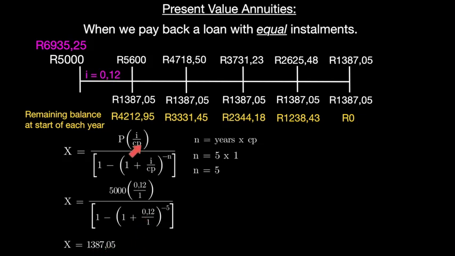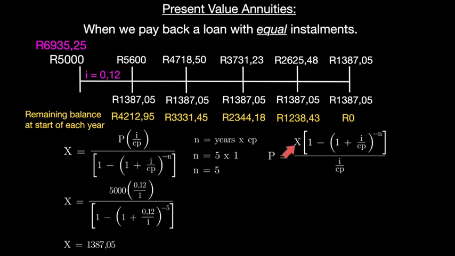Now, if we want to calculate the purchase price, we can simply rewrite this formula into P, which is our present value, or purchase price, is equal to the payments, and in brackets 1 minus 1 plus I over CP, in brackets to the power of negative n, divided by our interest rate as a decimal, divided by the compound periods.